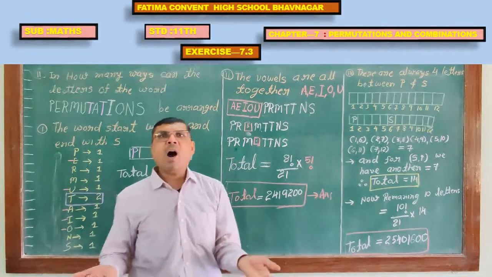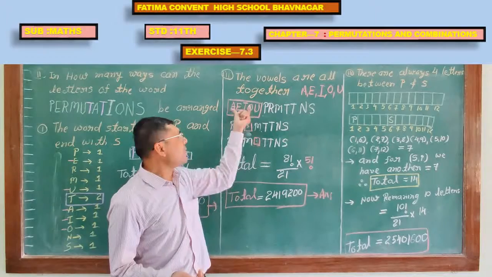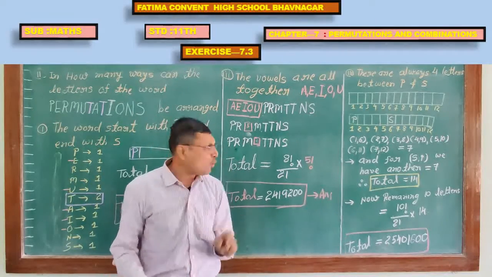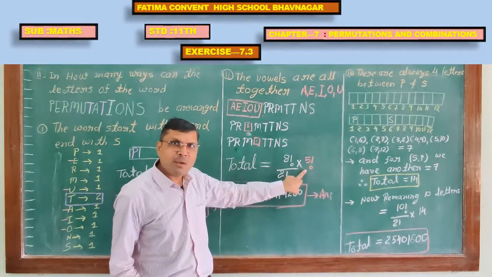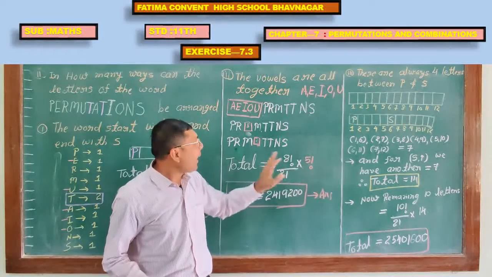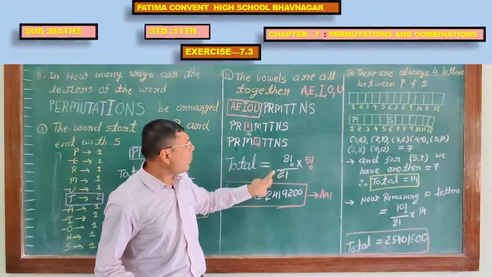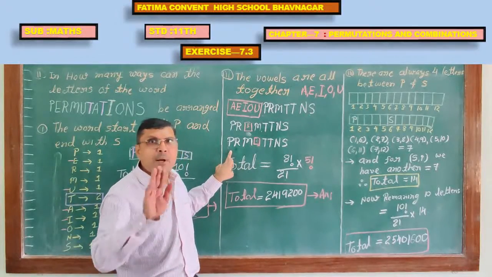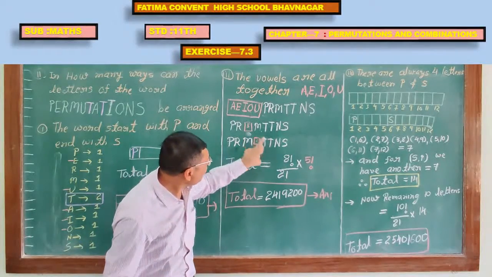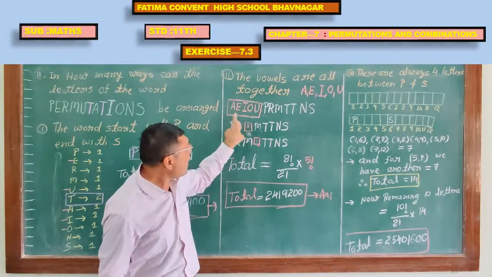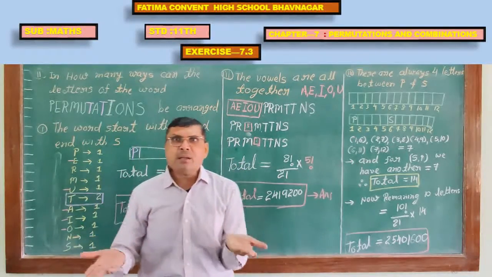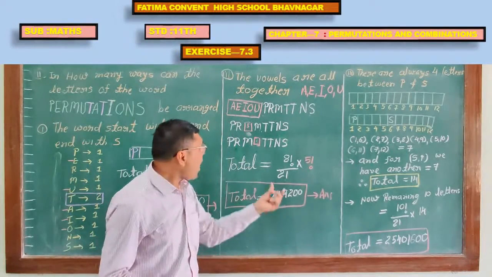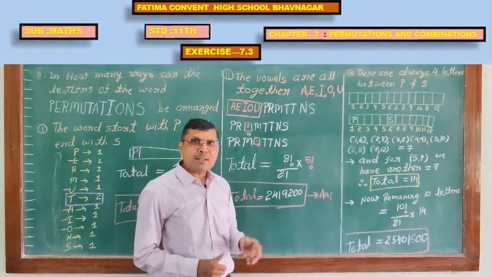So inside, in how many ways you can arrange, that is 5 factorial. So into 5 factorial. Alright? I repeat, 8 factorial upon 2 factorial is the arrangement of this one. But inside the box, there are 5 letters, and if you rearrange these 5 letters, in how many ways you can arrange, that is 5 factorial.